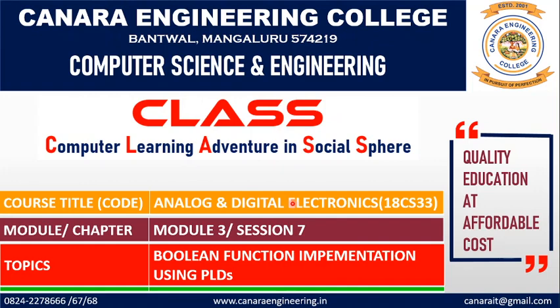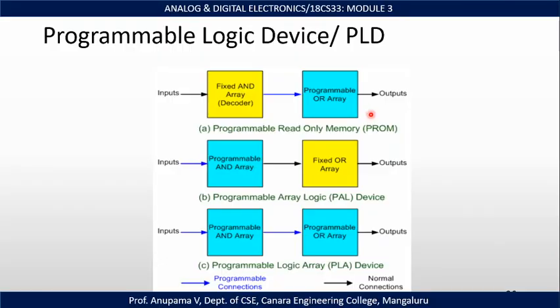In this session, I'll discuss how to implement Boolean functions using PLDs, that is programmable logic devices. The fundamental types of programmable logic devices are programmable read-only memory, that is PROM, programmable array logic, PAL, and programmable logic array, PLA.